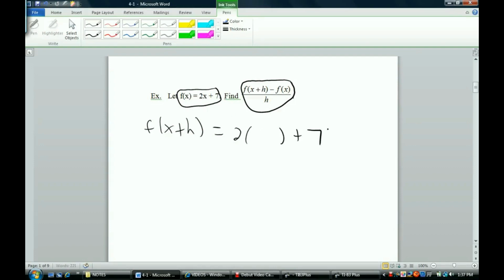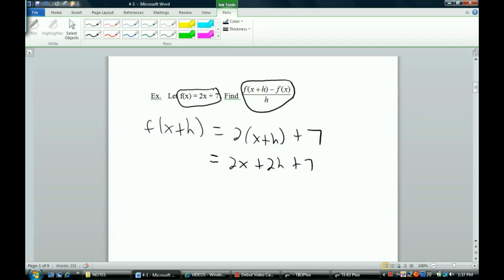What's inside these parentheses is x plus h. So once again, all I've done is taken the given function and replaced the x with x plus h. And then I'm going to clean it up, multiply out the 2, and we get 2x plus 2h plus 7.